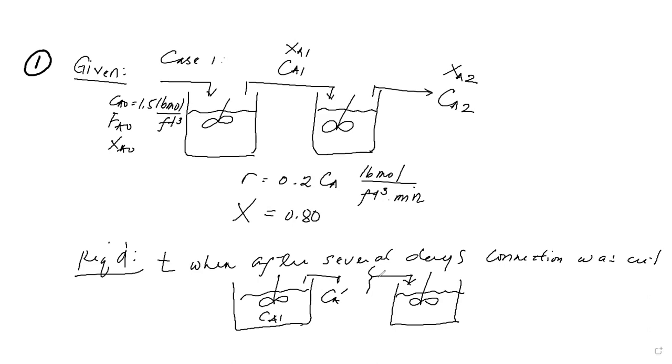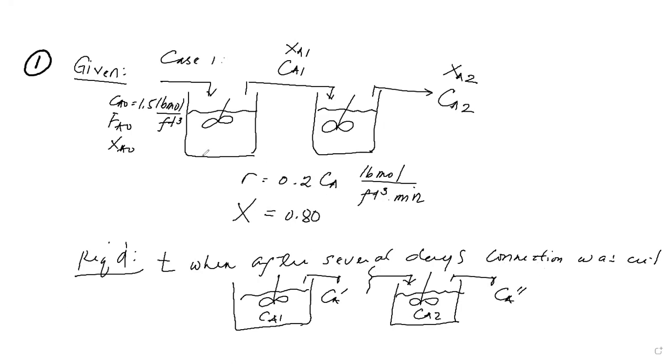So in here, I'll just place this sign, meaning the connection between the two was cut. So this is Ca2. At the time the connection was cut, you will have a corresponding concentration here of Ca, let's say double prime. I hope you understand this, okay?